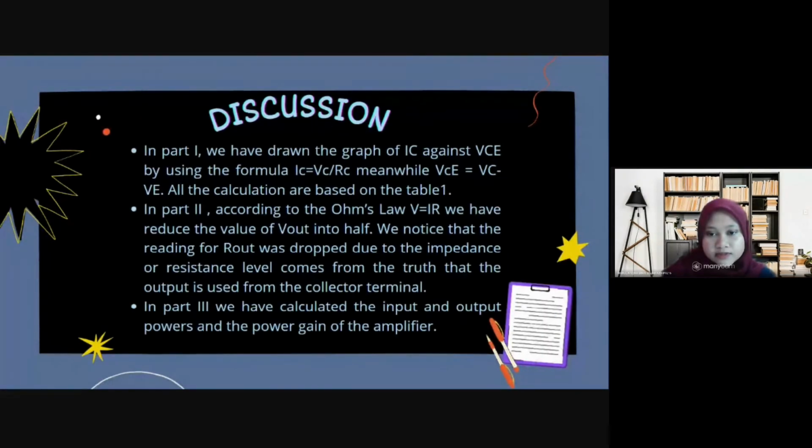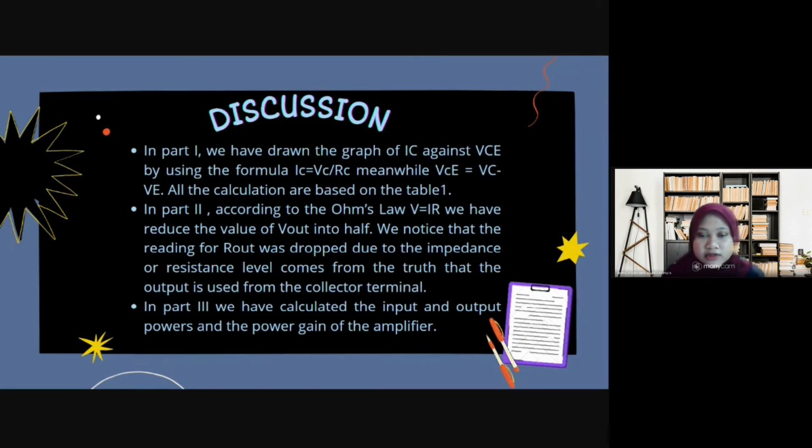For the discussion, in part 1, we sketched the DC load line analysis graph for the common emitter on graph paper. At the same time, we also determined the Q point, which is 5, 2, for transistor operation. In part 1, the calculations are based on Table 1 that we obtained from the experiment. We calculate the voltage VCE by VC minus VE.